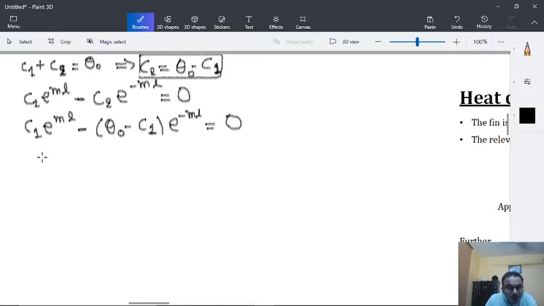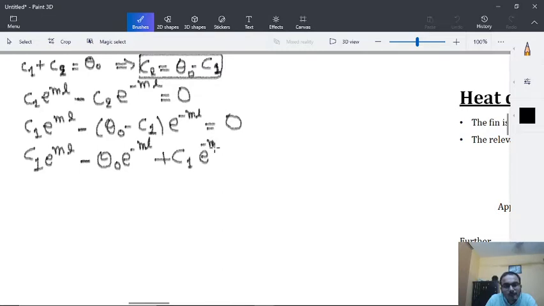So once we continue from here, we will be getting C1 e raised to ml minus theta 0 e raised to minus ml plus C1 e raised to minus ml equal to 0.